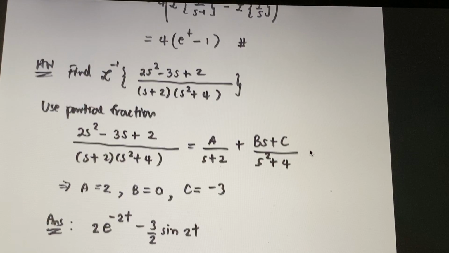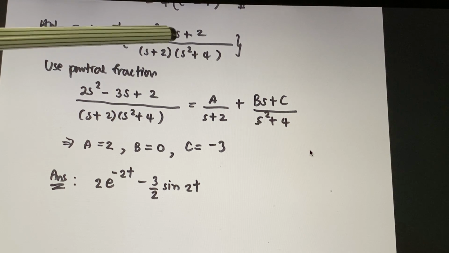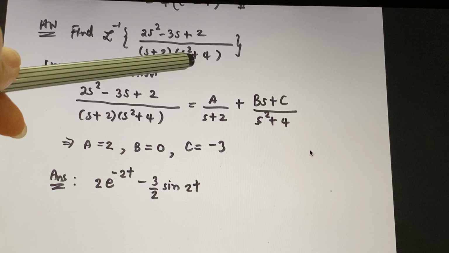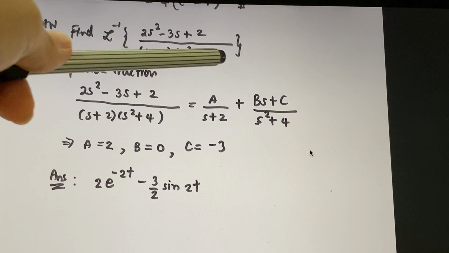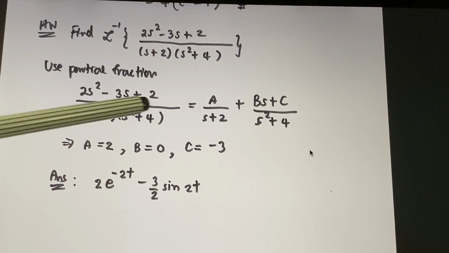Here we go, one more problem for you to try. Inverse Laplace of 2s squared minus 3s plus 2, all divided by s plus 2 times s squared plus 4. When I see this, I think of partial fractions.